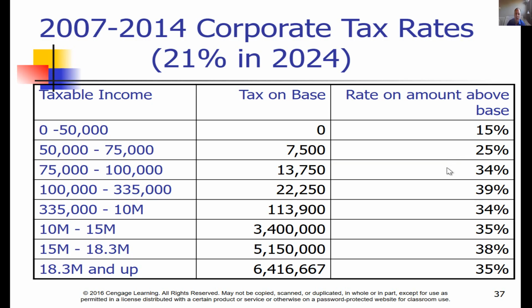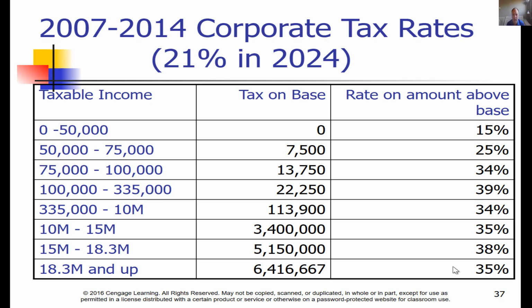Then it went up to 34%, then 39%, and then it gets even more bizarre and goes down to 34, up to 35, down, up to 38, and down to 35. So this created a very bizarre system where in many cases, big companies paid a lower tax rate than intermediate-sized companies.